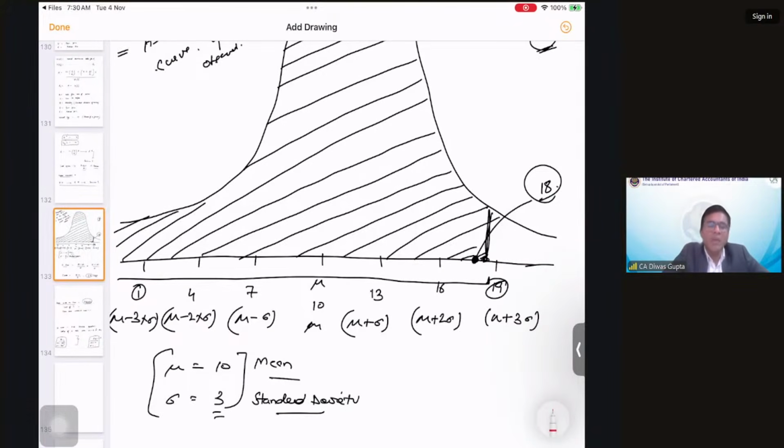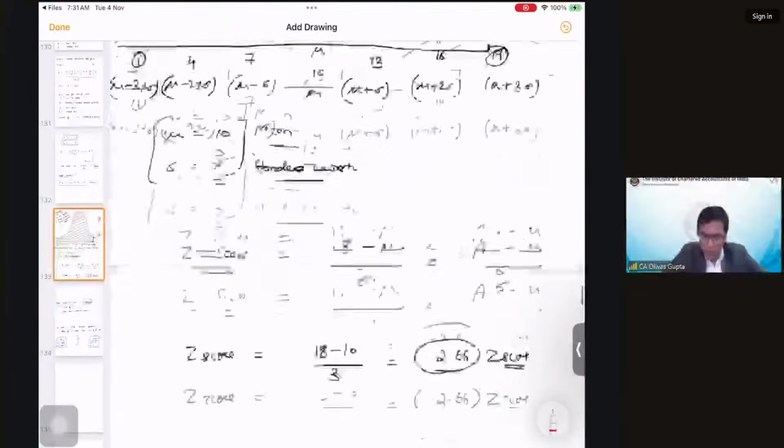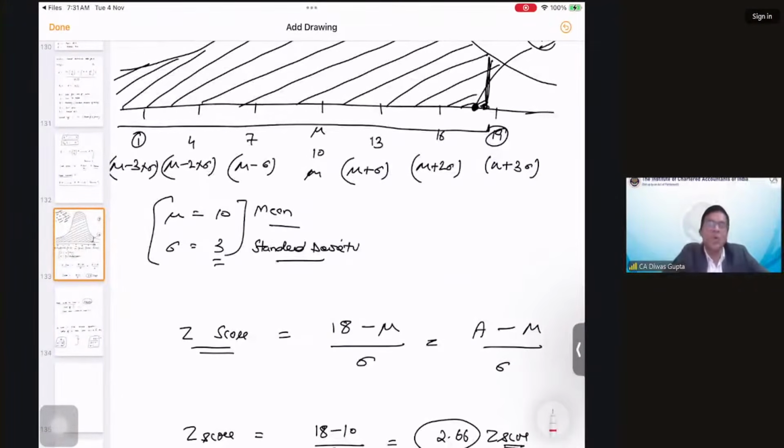This standard normal distribution is actually a distribution. What do we mean by distribution? Distribution is something which is a collection of data. So if, let's say, the mean is 10 and standard deviation is 3, for any series we are talking about, to convert that into a standard normal distribution you will have to find a Z score.